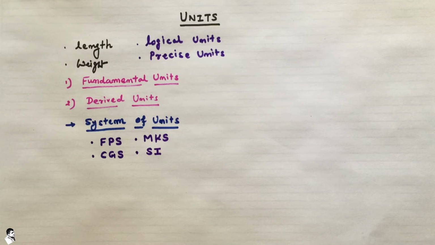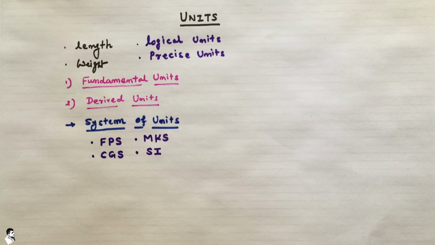Now the SI system of units came into existence in October 1960, and it is officially recognized and adopted by all the countries in the world. Its actual use varies from country to country.